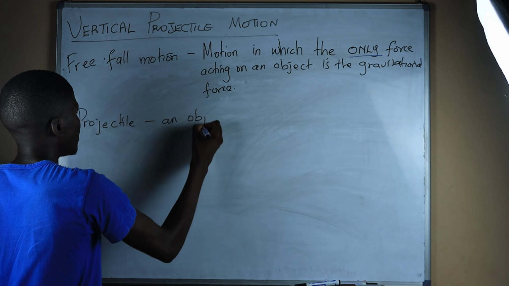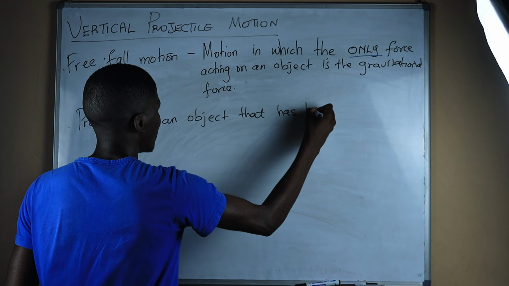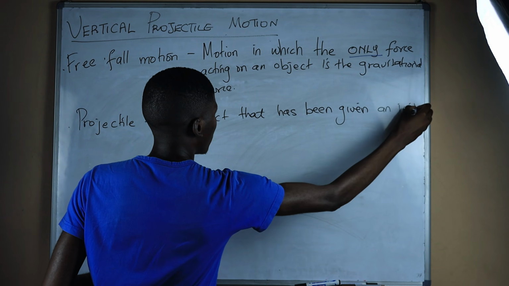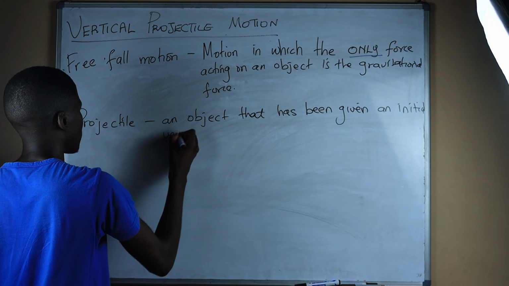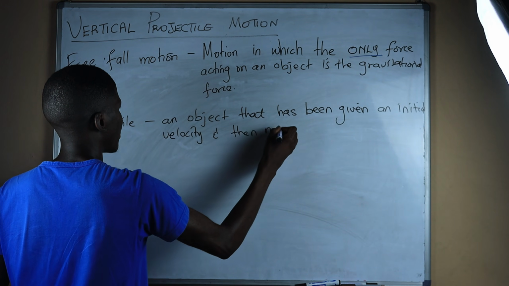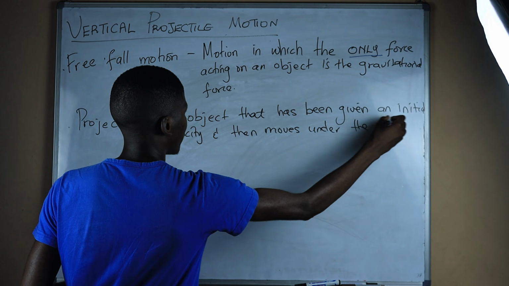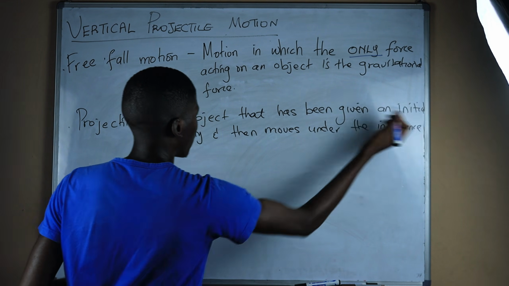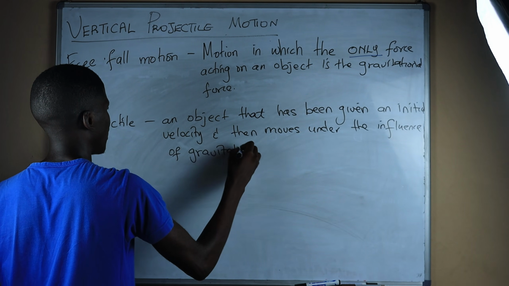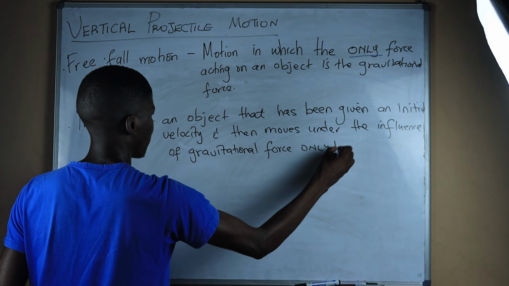So this is an object that has been given an initial velocity, and then moves under the influence of gravitational force only.